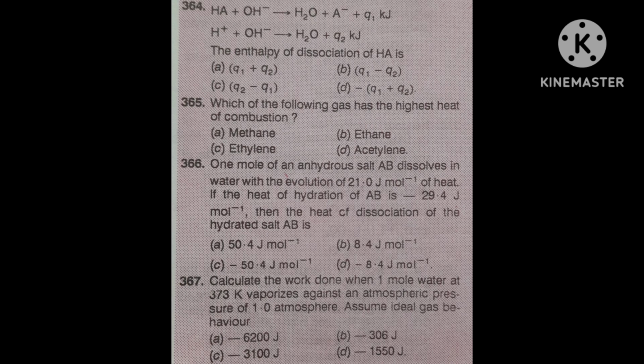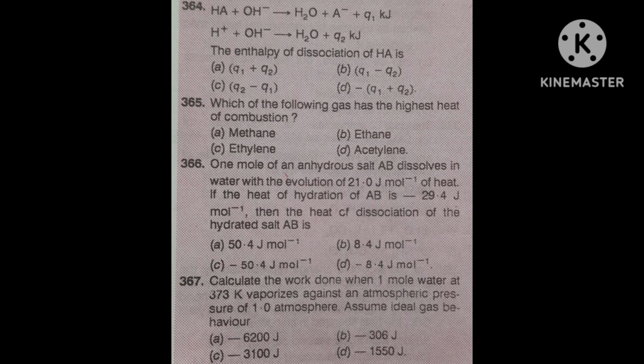In the question it is given only as plus 21, but if you solve it by this process, you will get delta H1 plus delta H2 equal to minus 21. Then delta H1 is already given as minus 29.4. Then delta H2 is equal to minus 21 plus 29.4, which is 8.4 joule per mole.